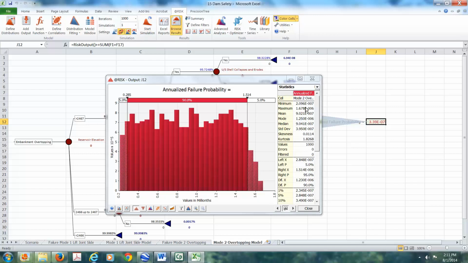So here we just found that at a minimum there is 2 chances in 10 million that we would have an overtopping failure. We could have almost 2 chances in 1 million that we could have an overtopping failure. Someone must decide if those probabilities are tolerable. And the answer to that question would depend on, well, what happens if we do have an overtopping?